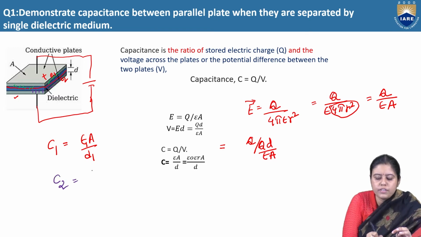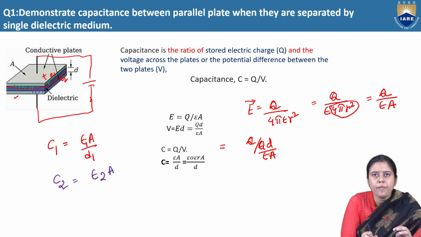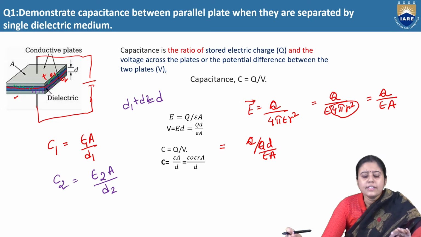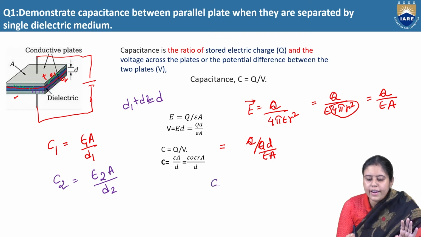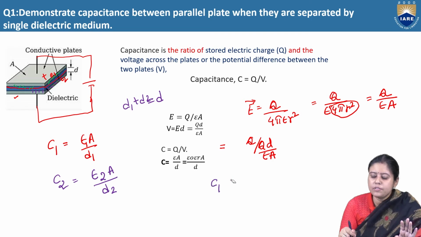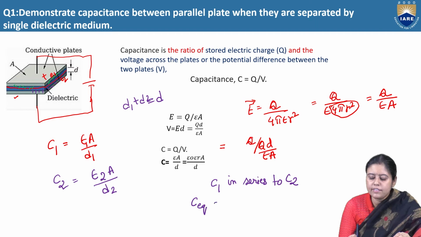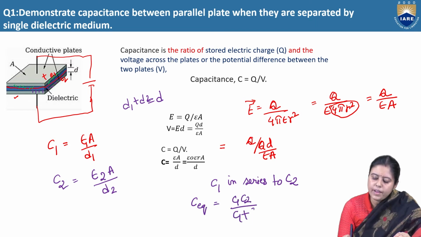So, we can write C2 is equal to epsilon 2 A by D2. And A is the same, because the cross-sectional area or surface area is the same, where D1 plus D2 equals the total distance D. As you can see, the same current is flowing through both capacitors, so we can write that C1 is in series with C2, and the equivalent capacitance C is equal to C1 C2 by C1 plus C2.